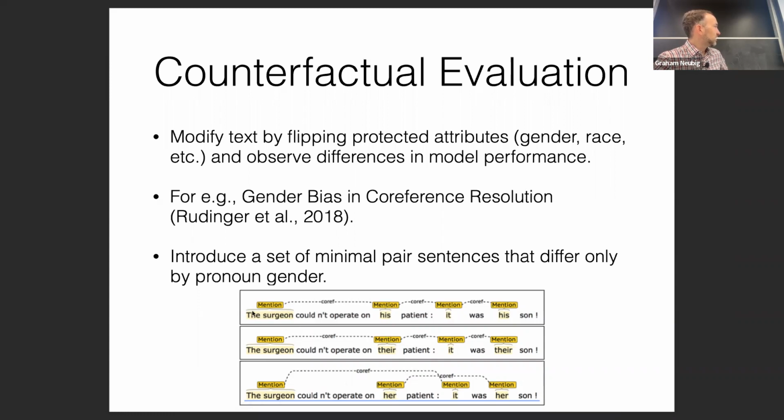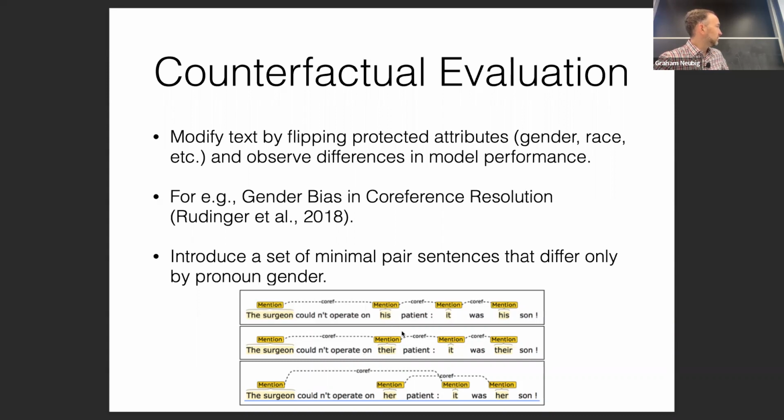Basically, if we use the gender-specific pronoun, or we use the third person singular they, which is a gender neutral pronoun, in both of these cases a co-reference resolution system says it is co-referent with surgeon.